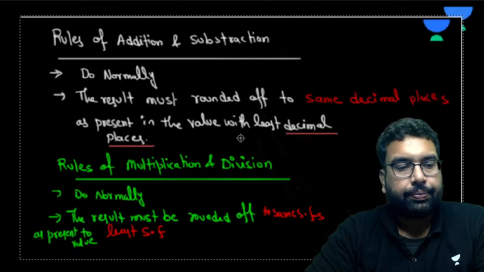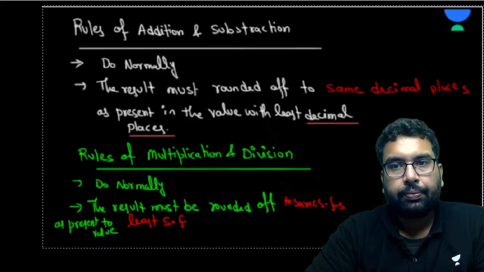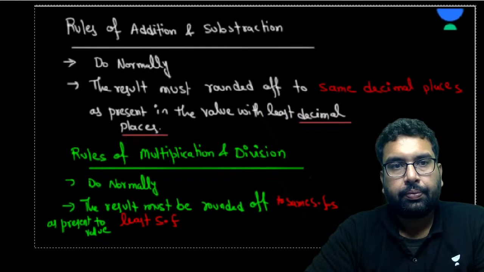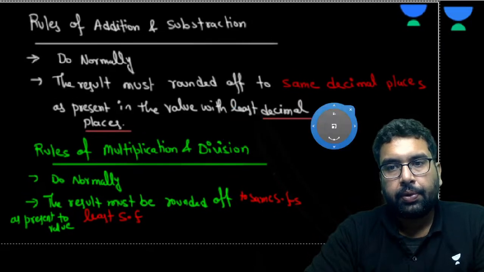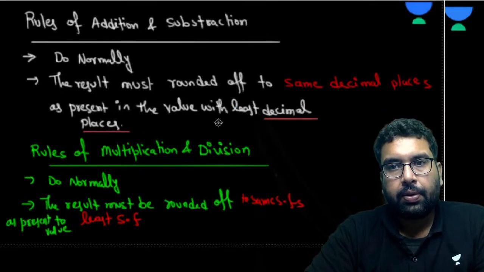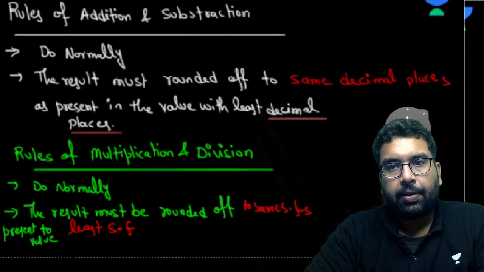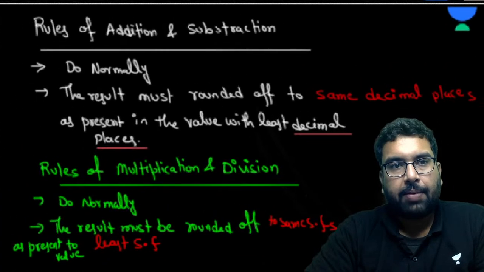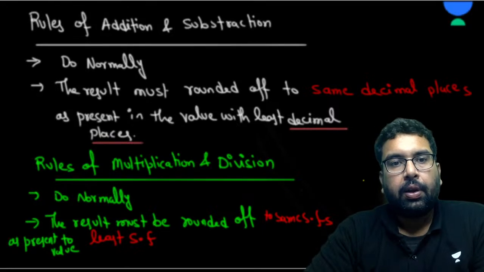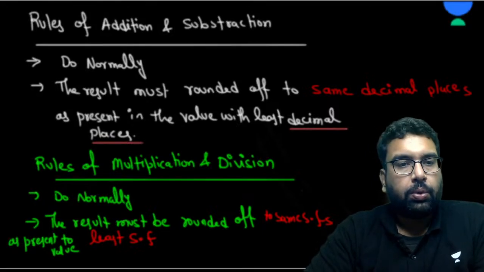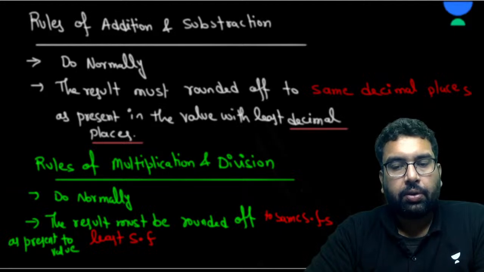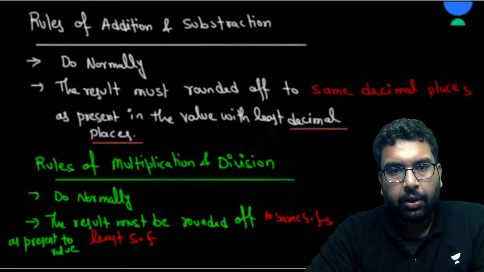I just took the screenshot to save some time. Now see, guys. What are the rules of addition and subtraction of the significant figures?